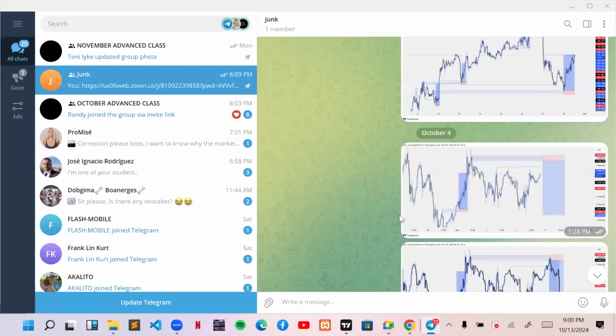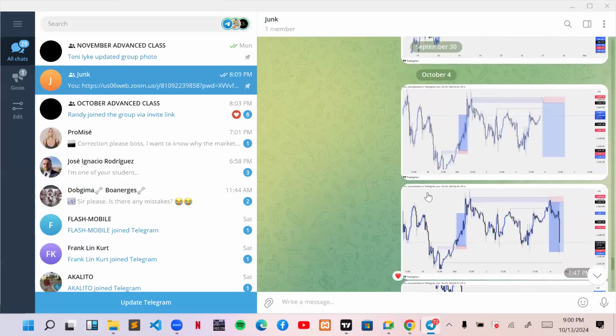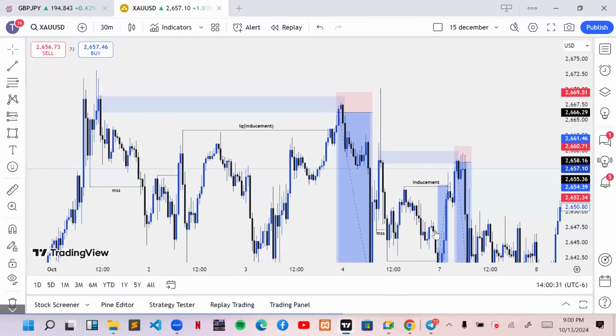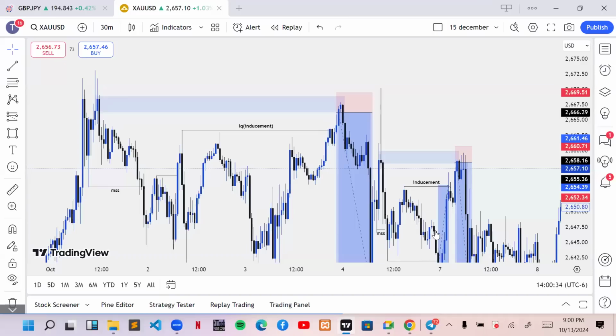So this was the before of the analysis, and then this was after. This was NFP news, so it is this particular trade right here. Market structure shift, inducement, point of interest. So for our market structure shift, this is what our market structure is.